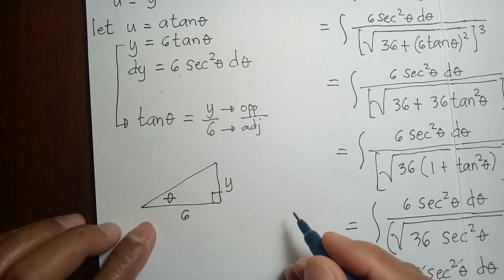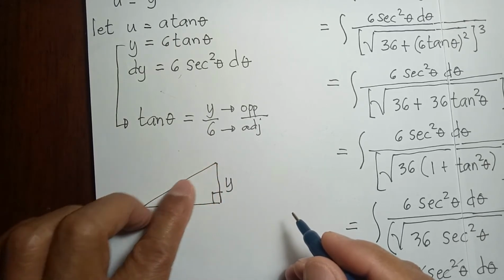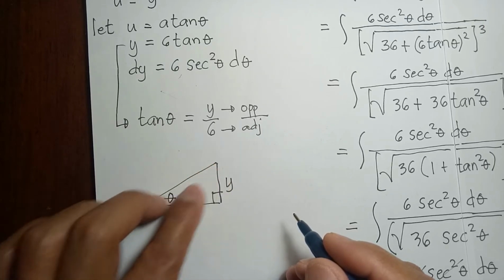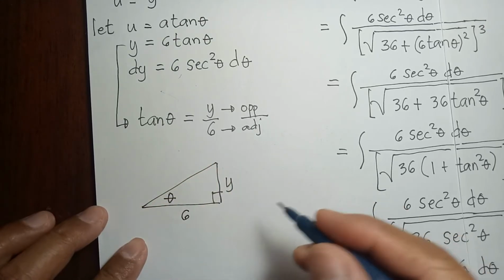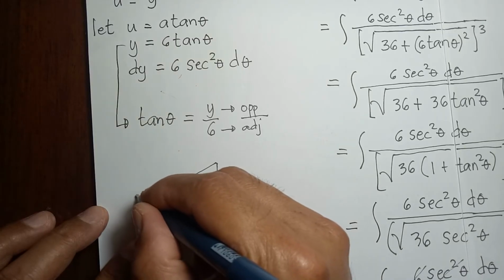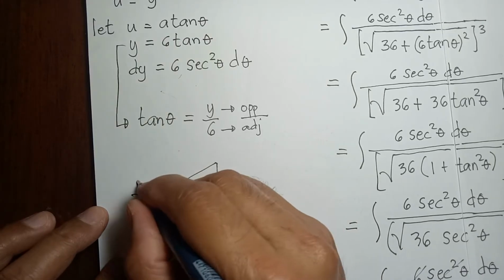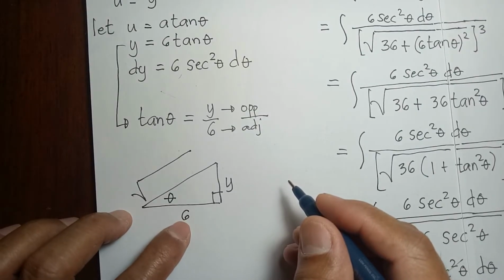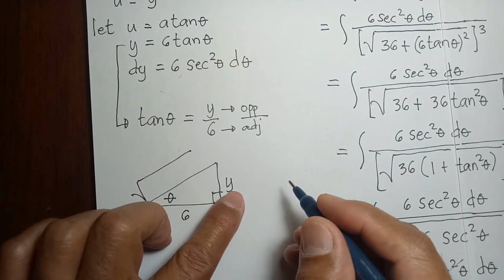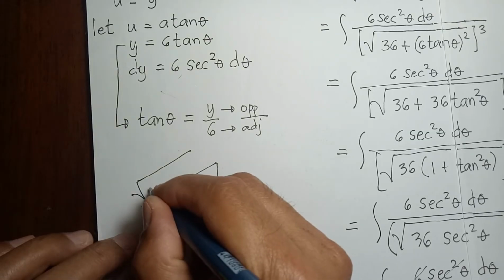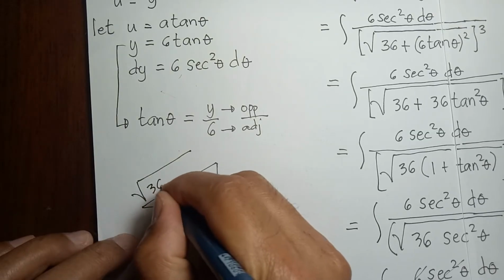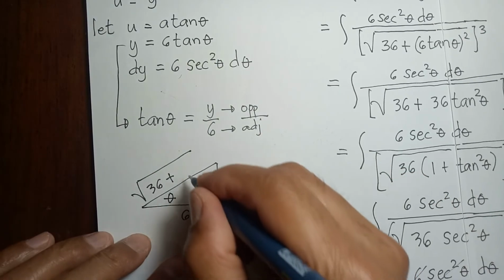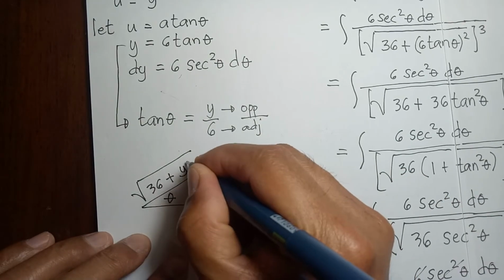So, if we are going to use the Pythagorean theorem for the hypotenuse, then this is equal to the square root of the sum of the squares of 6 and y. So, 6 squared ay 36. And then, plus the square of y is, of course, y squared.